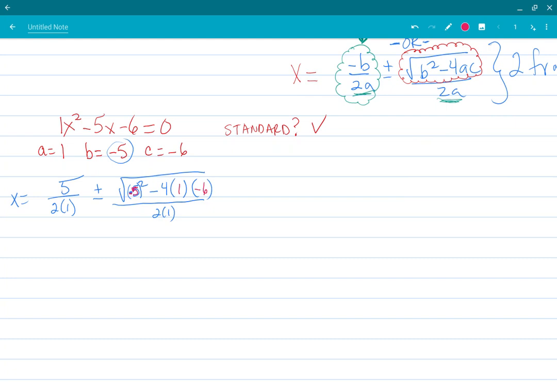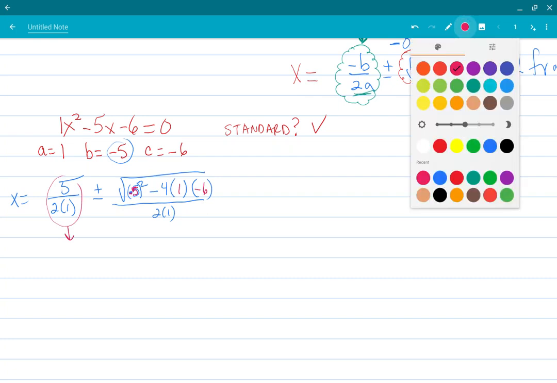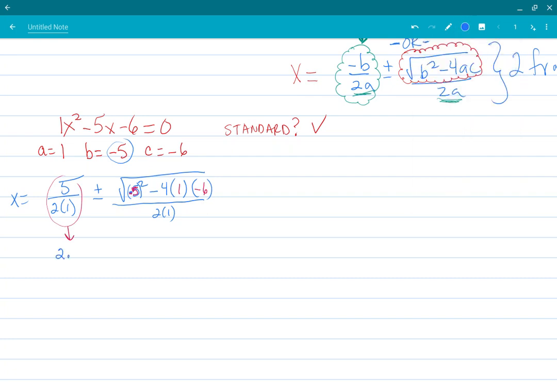5 over 2 is half of 5. This right here equals 2.5, right? Now you know the axis of symmetry. That means we're going to go to the right and left a certain amount. All right, the big square root symbol. 5 squared is 25.